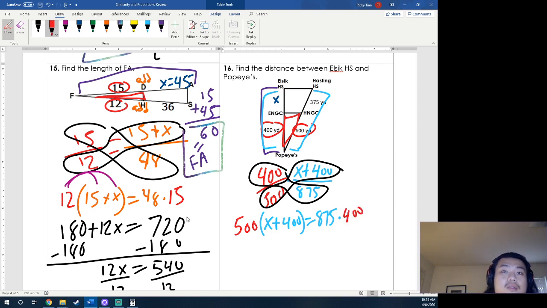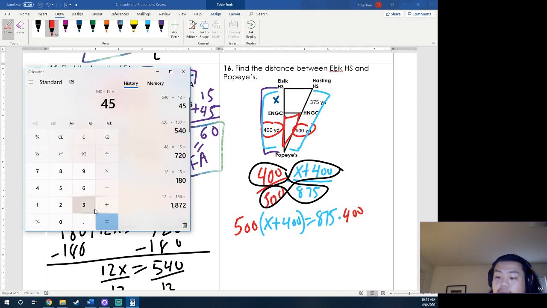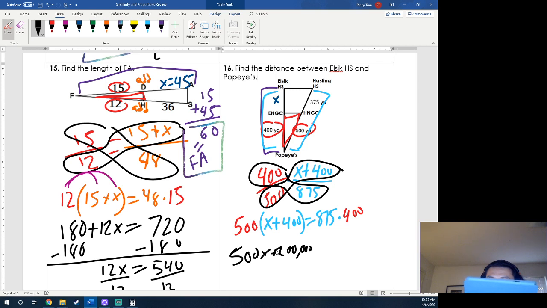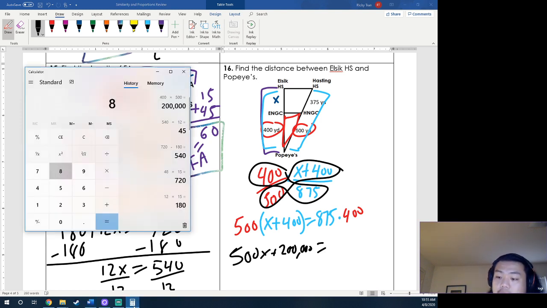This is something I don't really do in my head. So 400 times 500 is 200,000. So we have 500x plus 200,000 is equal to 875 times 400, or 350,000.